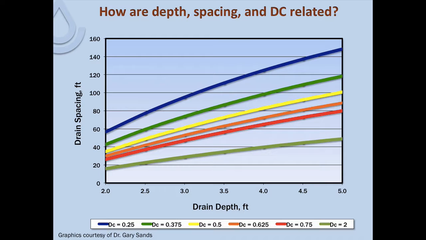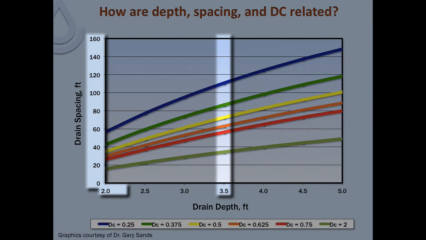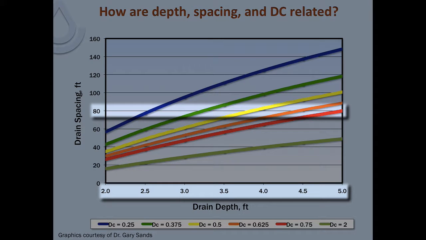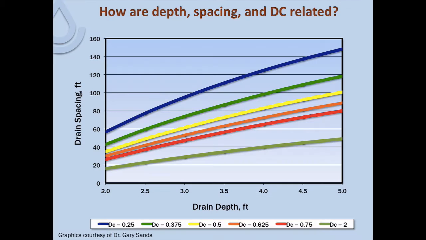The other thing you can see here then is if you look at a common depth, as we put the drains closer together, we move up in drainage coefficient. And then also if we look at a consistent spacing, as we put the drains deeper, that drainage coefficient goes up.